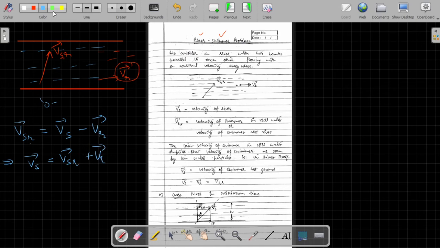That means if we add these two vectors and complete a parallelogram, then the diagonal of the parallelogram would provide us the absolute velocity of the swimmer, that is the velocity with respect to the person on the ground. So the swimmer would be swimming in this particular direction.